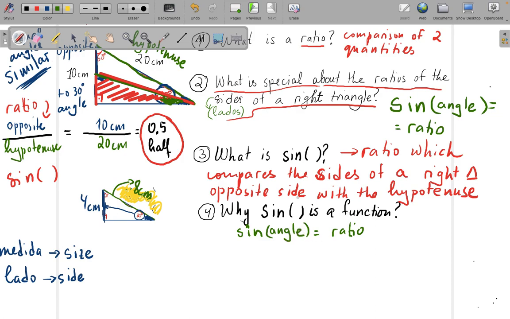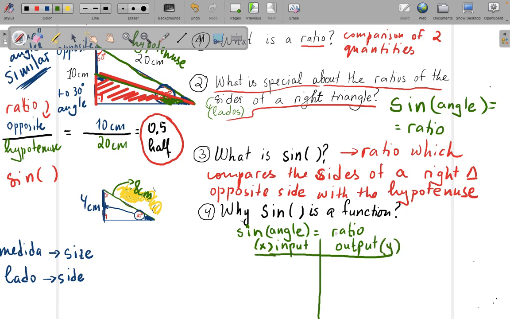Sine is a ratio, is a function because it has an angle as an input and it has a ratio as an output. Okay. So I can create a table with x and y. So my input is x and my output is y, or f of x, right?